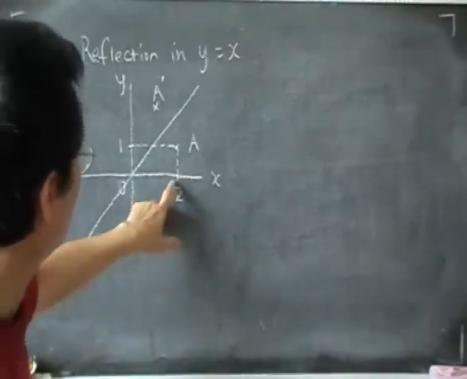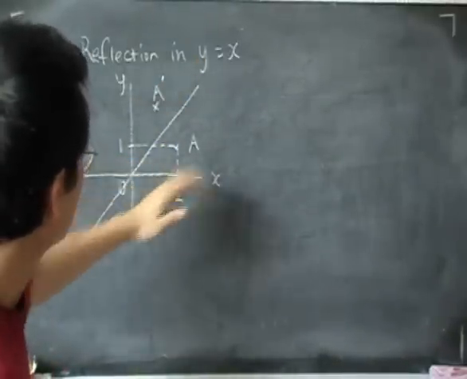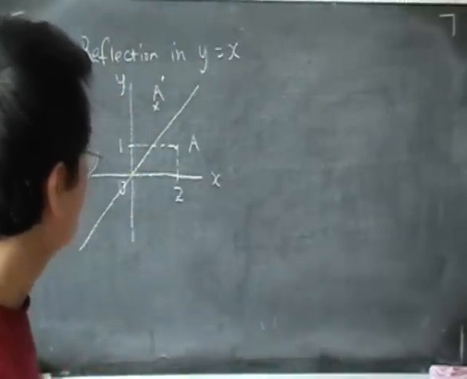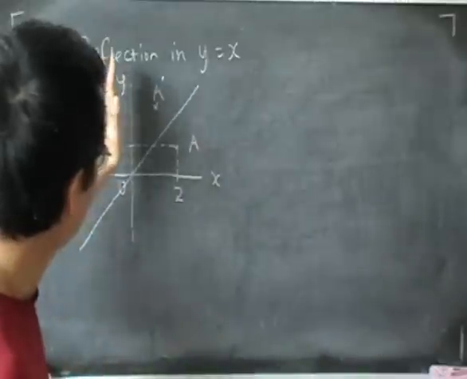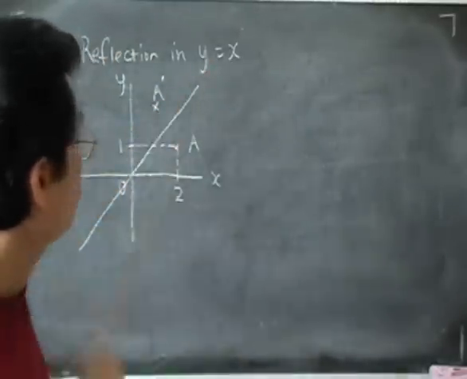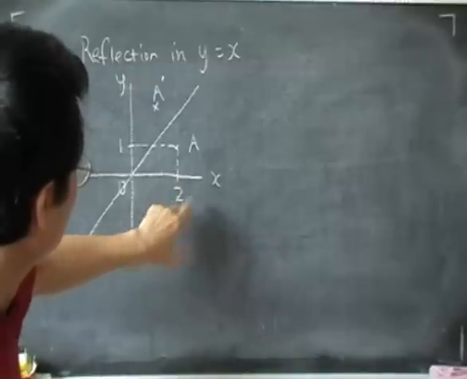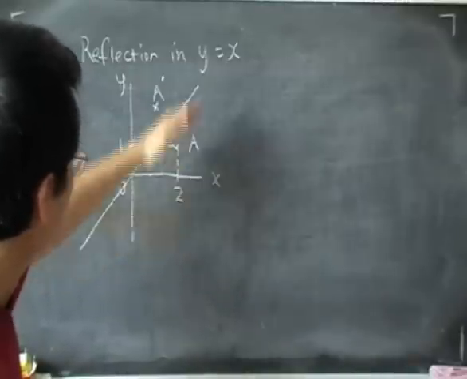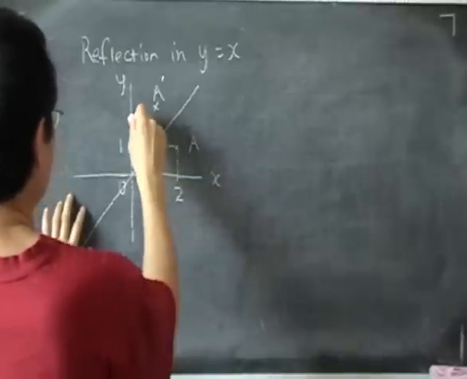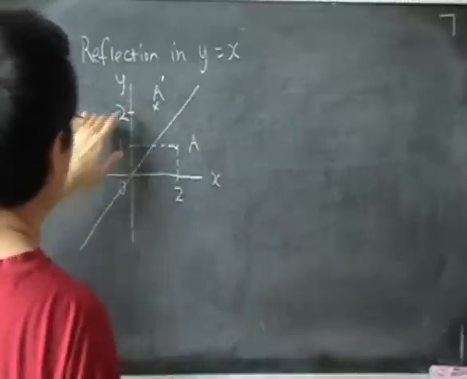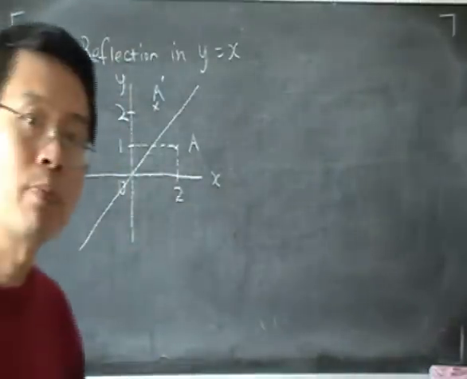Now if I reflect this in the line, because both the x and the y axis are at the same angle of 45 degrees from this y equals x line, the image of this point should be at the point 2 along the y-axis.